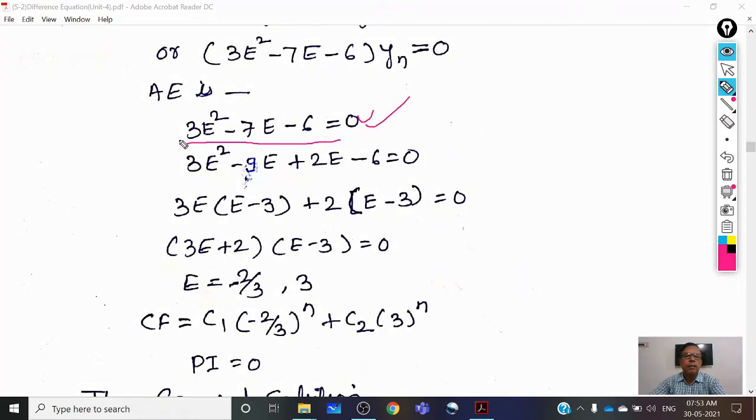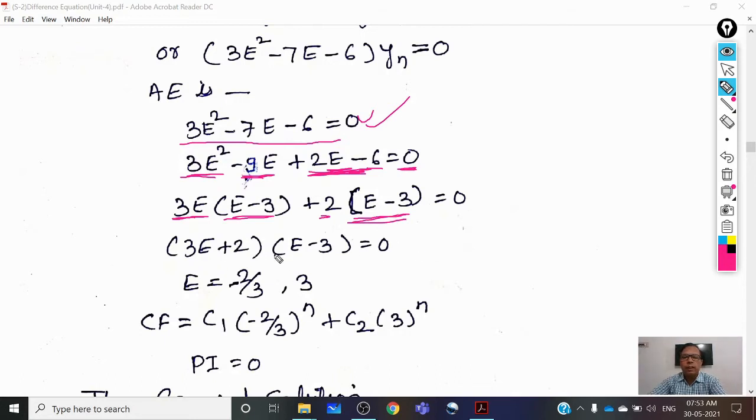Further factorizing, we have 3E square minus 9E plus 2E minus 6 equal to 0. Taking common 3E in the first two terms, we get 3E into (E minus 3), and taking common 2 from the last two terms, the remaining value is 2 into (E minus 3).